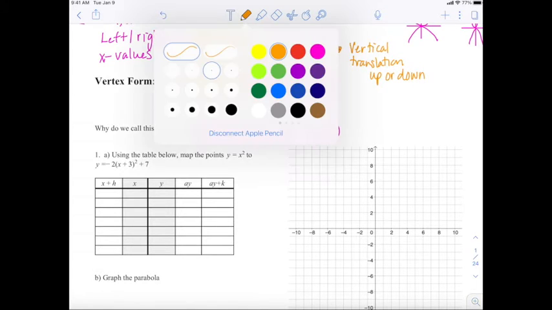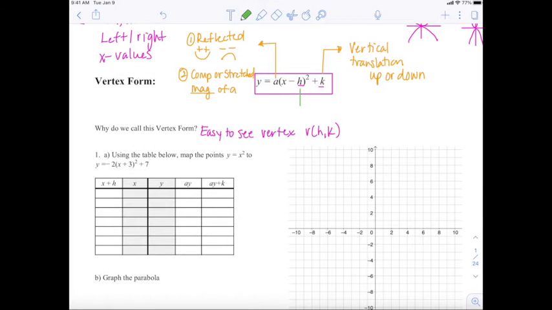And then finally, I'm going to switch to green because our h value is completely different. The stuff in orange, those are vertical changes. The stuff in green that I'm about to write is horizontal translation. That impacts our x values. It's our x-axis, so this is left or right.